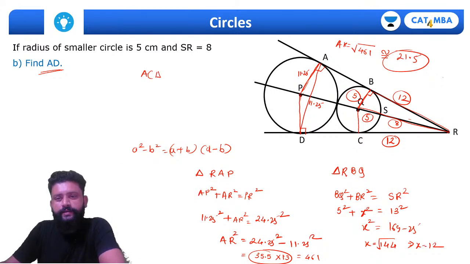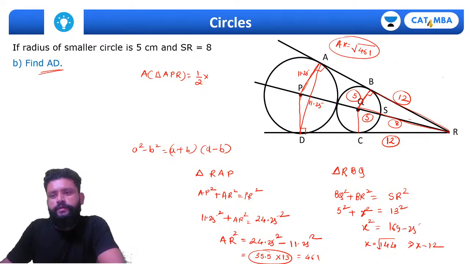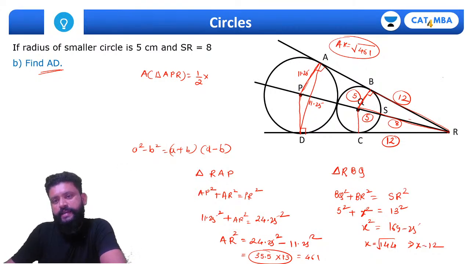Area of triangle APR will be equal to half of... I'll keep it as root of 461, will not use this value. That's perfectly fine. Then the area of triangle APR will be half into 11.25 into under root of 461.